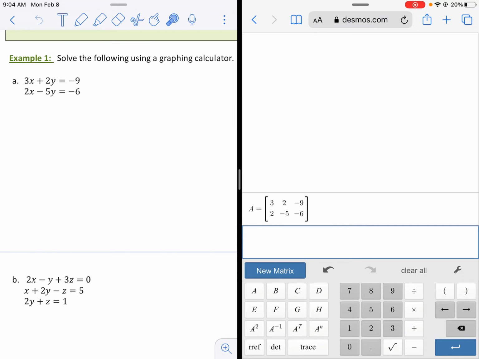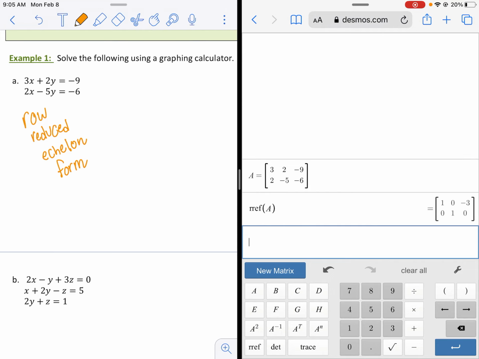Our goal when we're doing Gauss-Jordan elimination is to put them in what's called row reduced echelon form. Big fancy word, which basically means get ones along the diagonal and zeros everywhere else, like we're doing by hand. So I'm going to hit this RREF button, which stands for row reduced echelon form, in my Desmos window, and then pick matrix A that I just typed in.